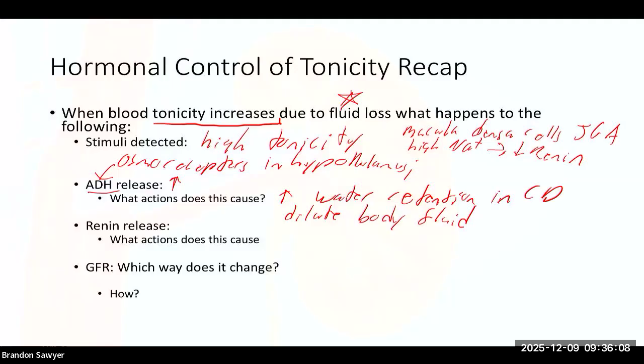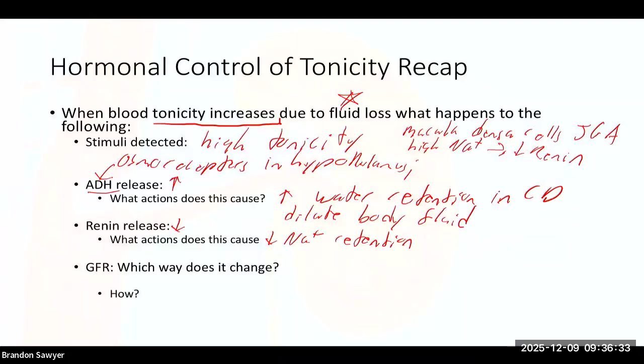Okay, and then we see this decrease in renin release. This is because we've already got plenty of sodium, right? We've got plenty of sodium, so we're going to decrease renin release here. And so this is going to cause, in the end, a decrease in sodium retention, right?